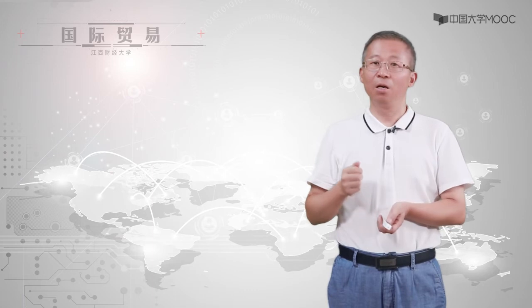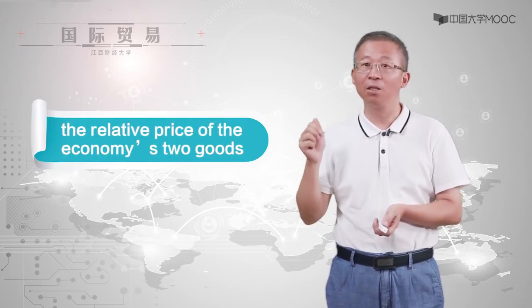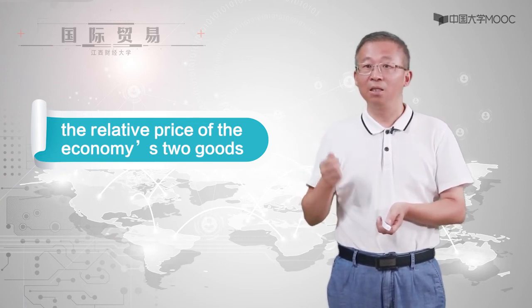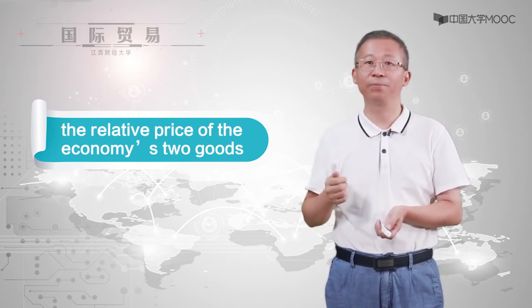To determine what the economy will actually produce, we need to know the relative price of the economy's two goods. That is, the price of one good in terms of the other. In a competitive economy, supply decisions are determined by the attempts of individuals to maximize their earnings.